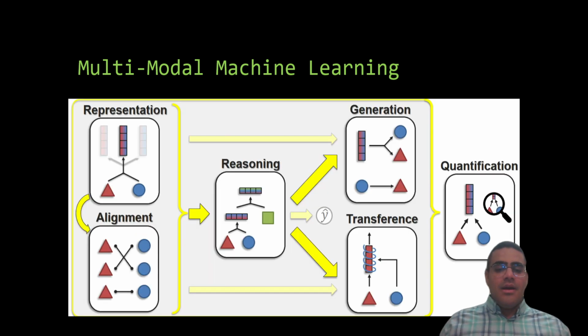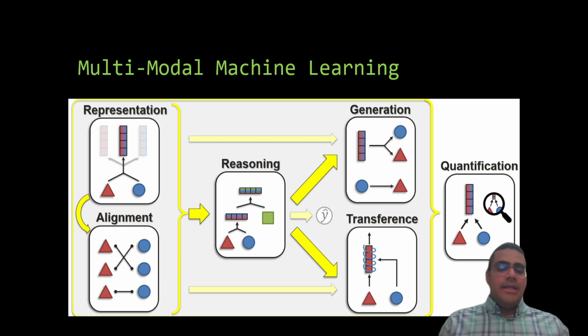In multimodal machine learning, we are usually dealing with these six areas of challenges. The process starts with representation. It is very important to represent each of the modalities in a way that the machine learning or deep learning model is able to process them effectively and efficiently in future.